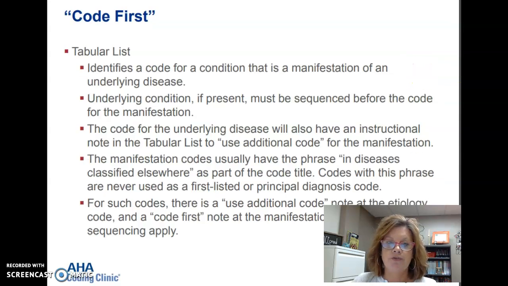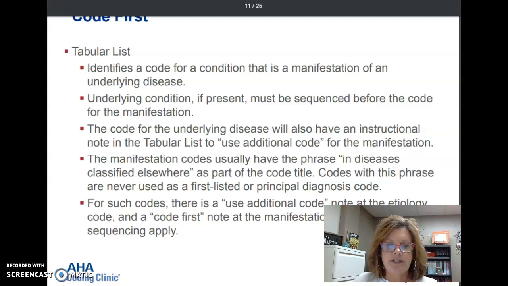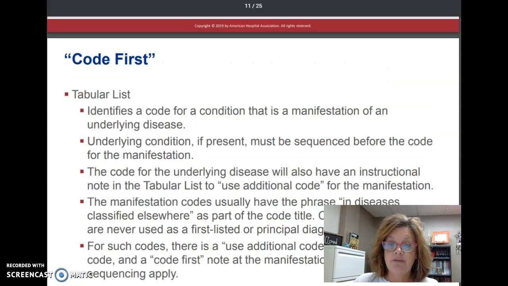So code first. The tabular list identifies a code for a condition that is a manifestation of an underlying disease. So the underlying condition, if present, must be sequenced before that code. A lot of times you'll be reading in the tabular or the alpha, and it will tell you to code something first.